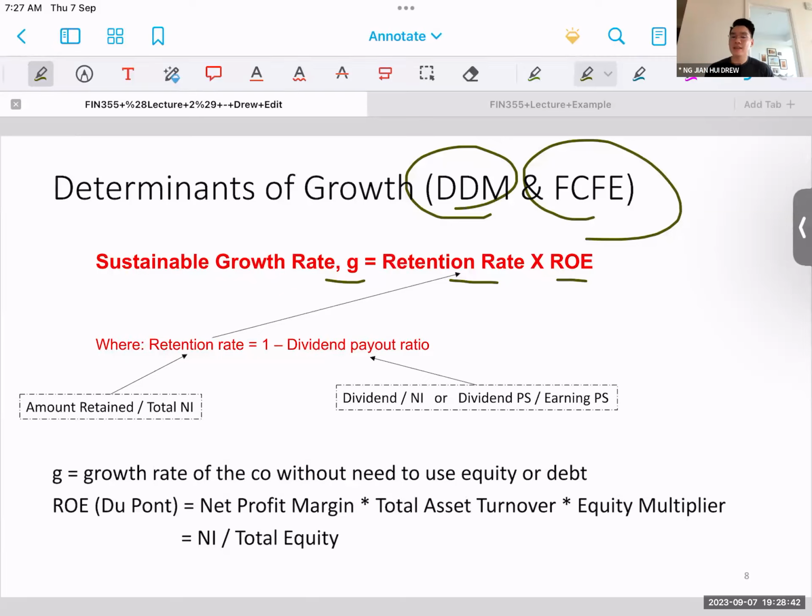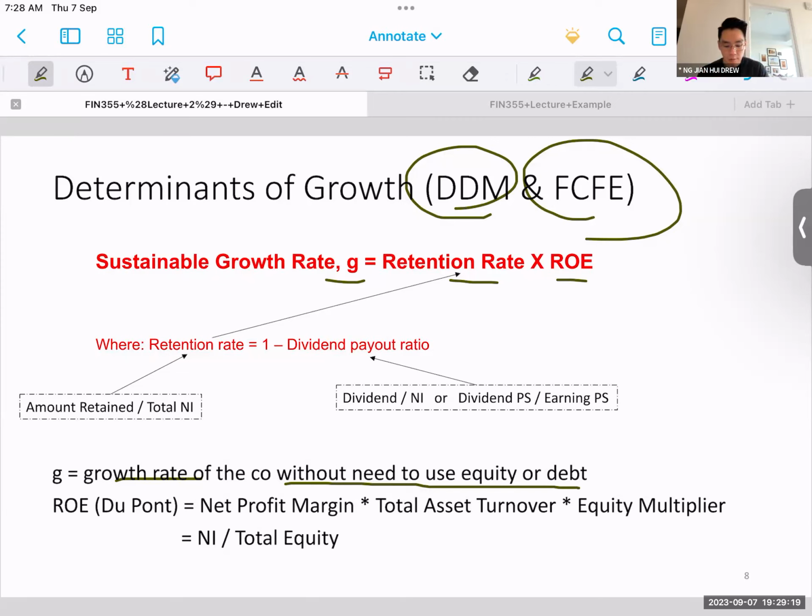So by determining the amount being retained, multiplied by the return that's required by the equity holders, we will be able to determine that the firm must grow on this trajectory or at this percentage to reach that required return. So that's the idea of this formula. G here is basically the growth rate without the need of any equity or debt, just whatever money is retained in the firm.